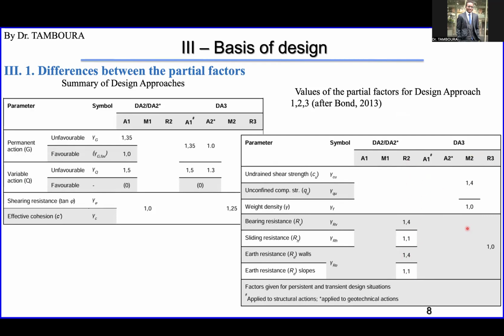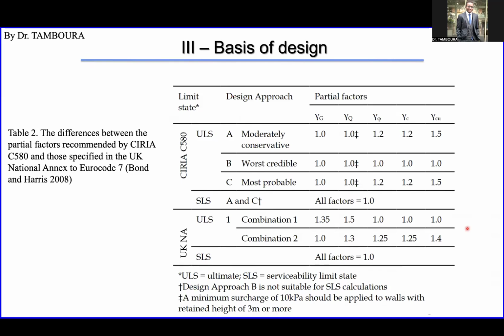Okay. So here is a comparison between the partial factors proposed by Eurocode and the UK national codes. For example, this, I think, is the reference from before Eurocode 7.